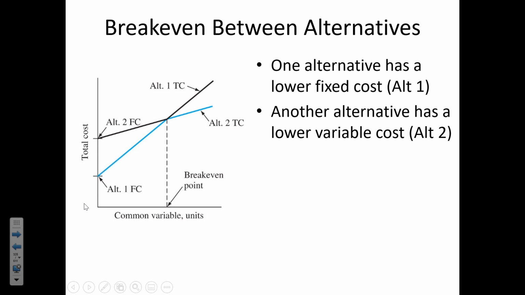It's cheap, its initial cost, the fixed cost, is low, but the variable costs are high because there has to be a person there and the person's earning a salary. Whereas alternative two, the computerized alternative, has a higher fixed cost but a lower variable cost.